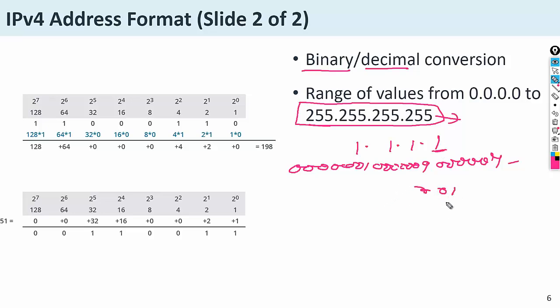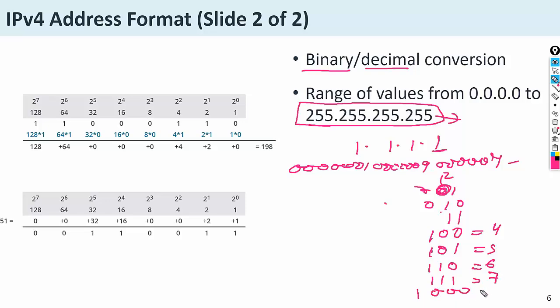If you have 2, then you have 0 and this one will be on, others 0, because the second number is 2. If you have 3, then both will be on. You have 4, then 1, 0, 0 is equal to 4. 5 is 1, 0, 1. 6 is 1, 1, 0. 7 is 1, 1, 1. 8 is 1, 0, 0, 0.